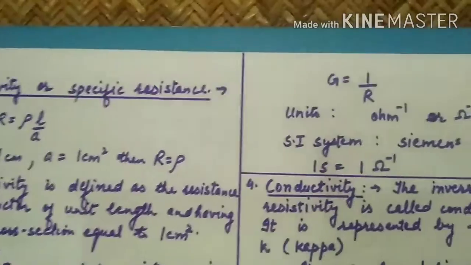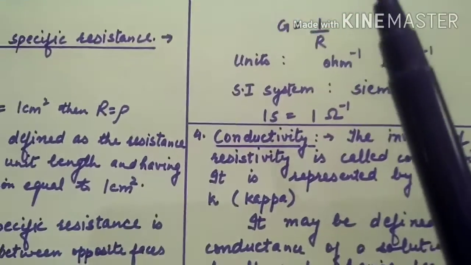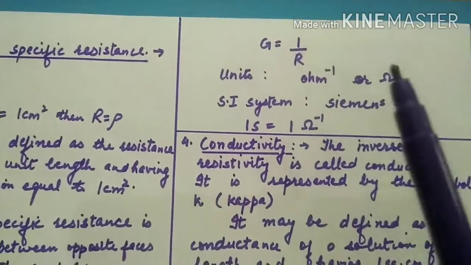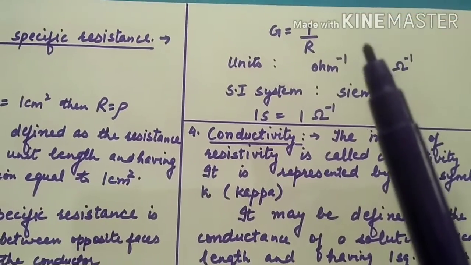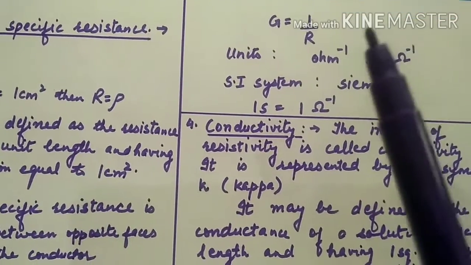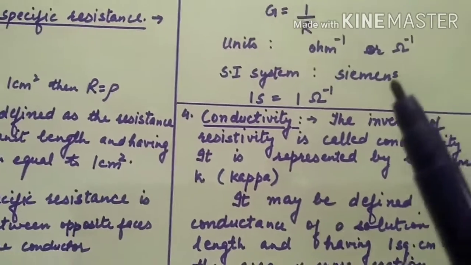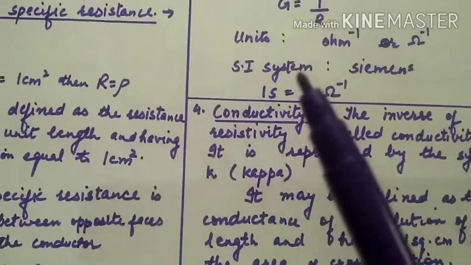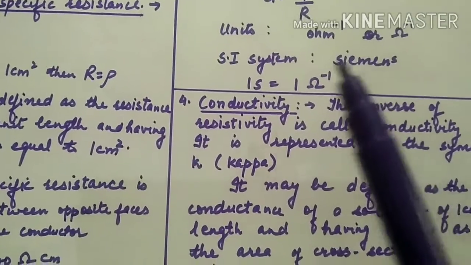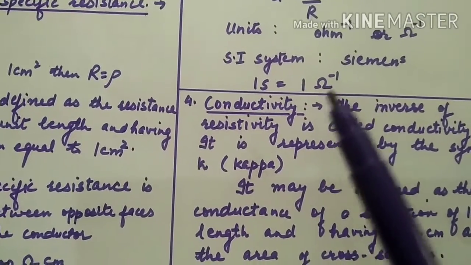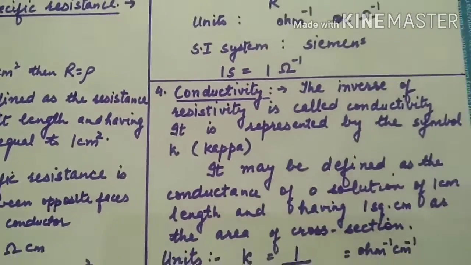So G is equal to 1 upon R. So units will be inverse of ohm, inverse of the units of resistance. So units for conductance will be ohm inverse. SI system is Siemens, and 1 Siemens is equal to 1 ohm inverse.